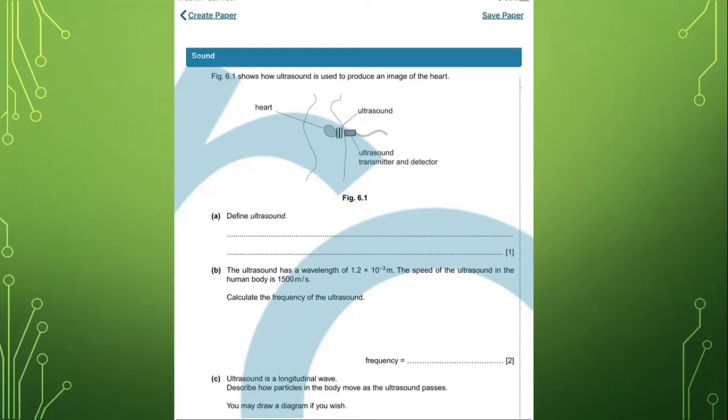Now, we have been given the wavelength and the speed, so we know that we're going to use the formula v equals f lambda. And by this formula, we're going to substitute the values. The speed given is 1500. The frequency is not given, and the wavelength is 1.2 times 10 to the power negative 3 multiplied by frequency.